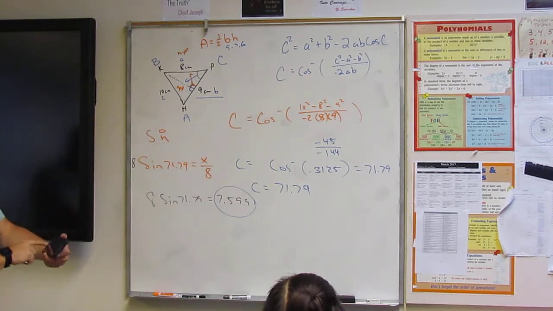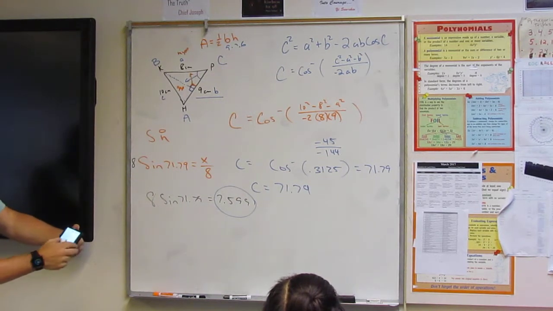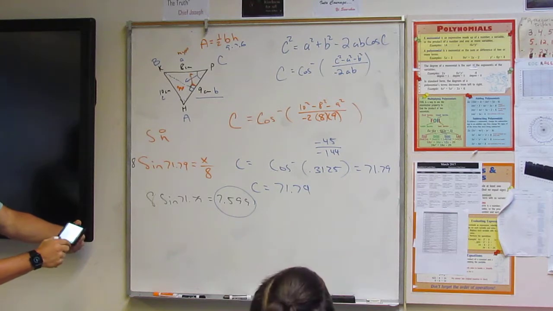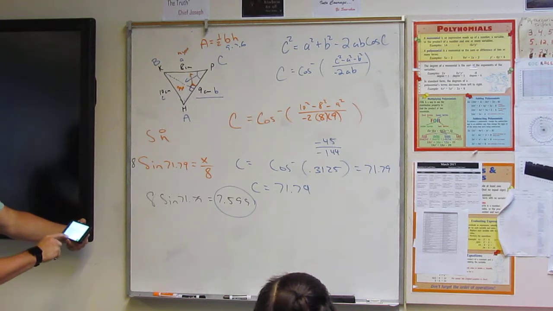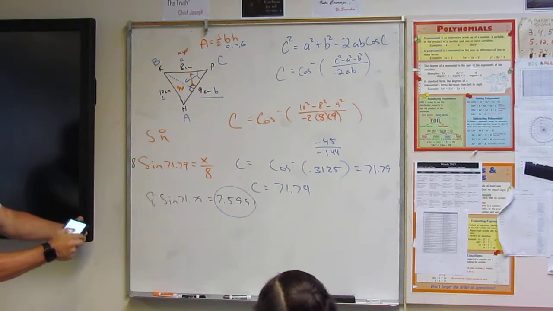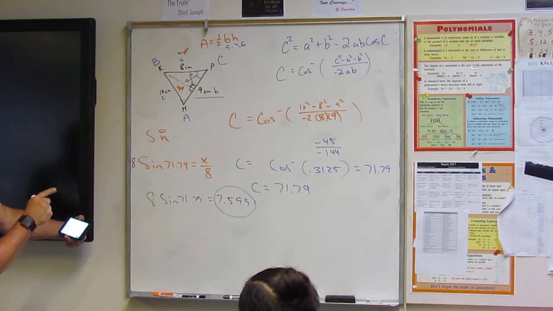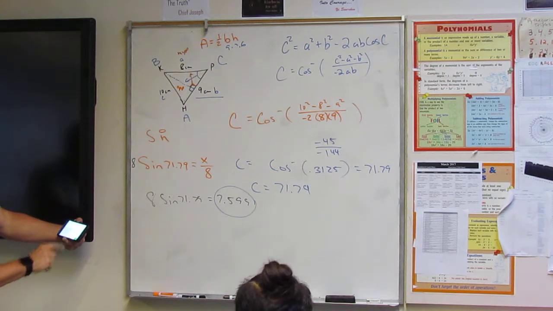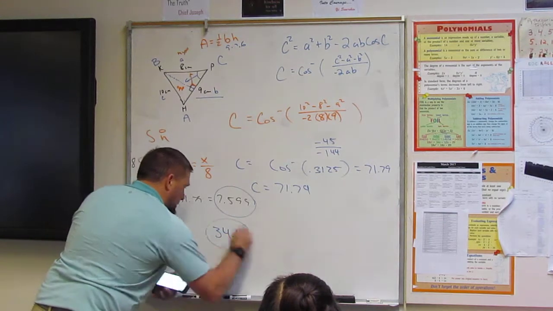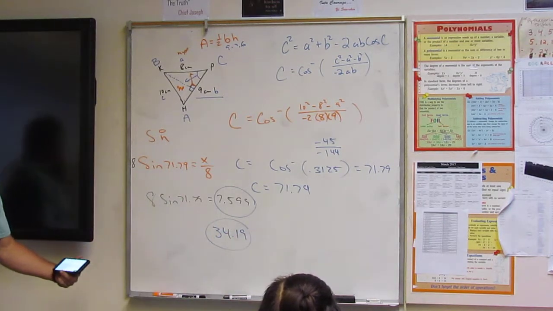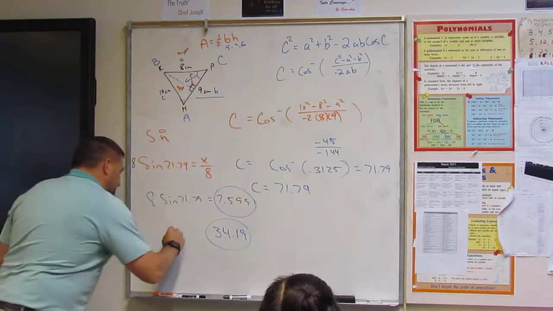So I take this number, multiply it by 0.5, and then multiply it by 9, and that's 34.19. And that's what you were supposed to get? Okay, and that's your area.